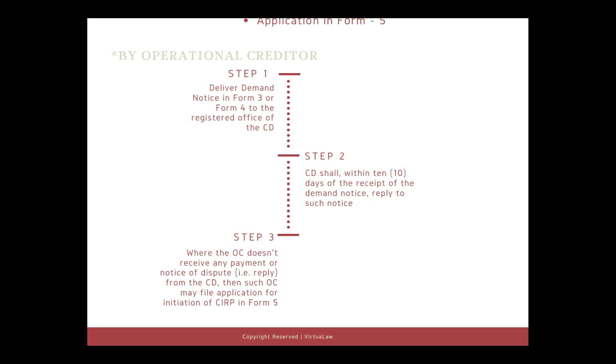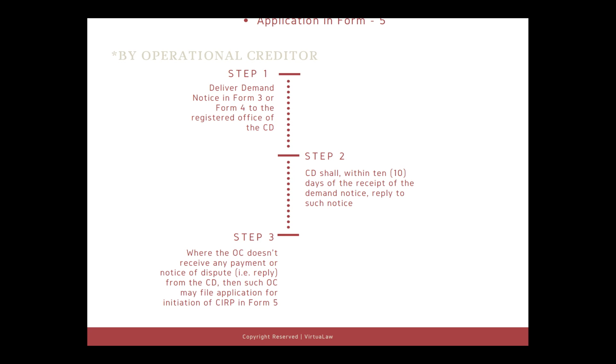This is covered in the next slide, but still to introduce this, the law provides that pending any existence of dispute, the operational creditor cannot initiate CIRP against such corporate debtor. So put this in your mind.